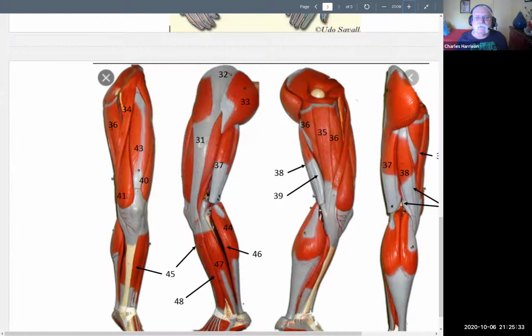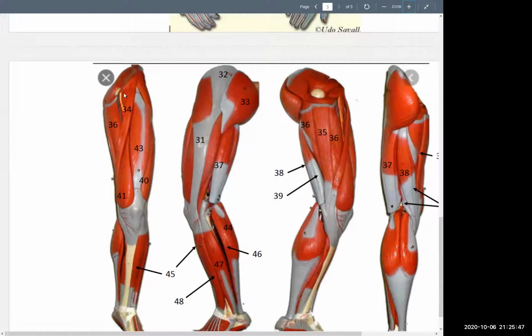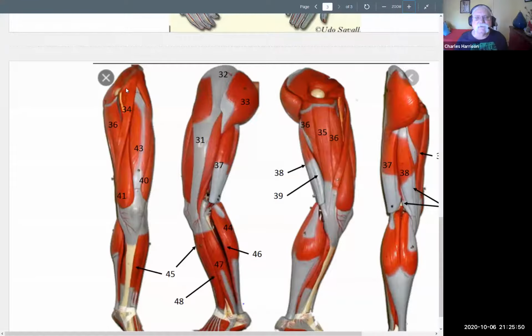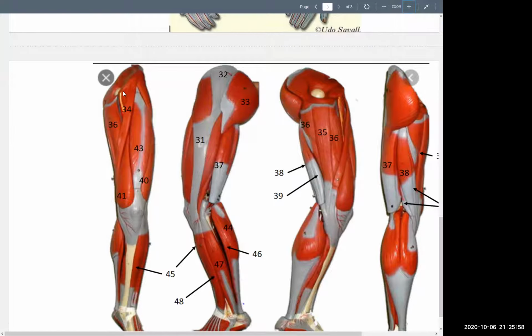I could have used a little bit more electronic ink and pointed out that muscle right in there. What would that be? I'm asking you. Which one? Right where the arrow is. Little tiny muscle right in the groin. It has a funny name.